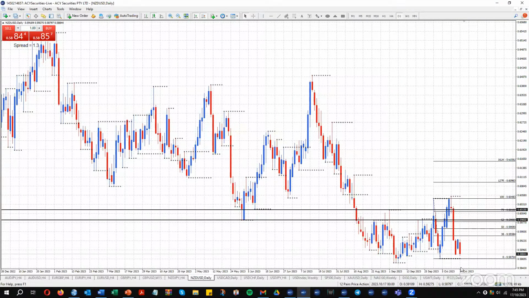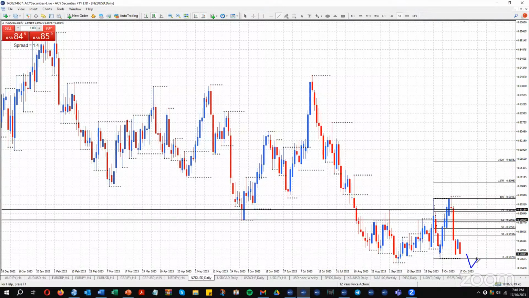So at the moment, I'm waiting to see if we break the midpoint to really confirm this double top. So looking for a nice move below, and then a rally back to that level to be resistance intraday.